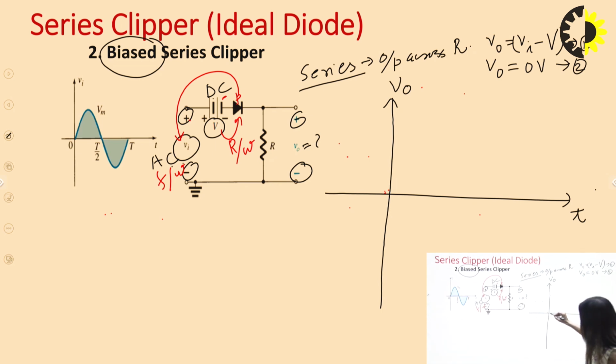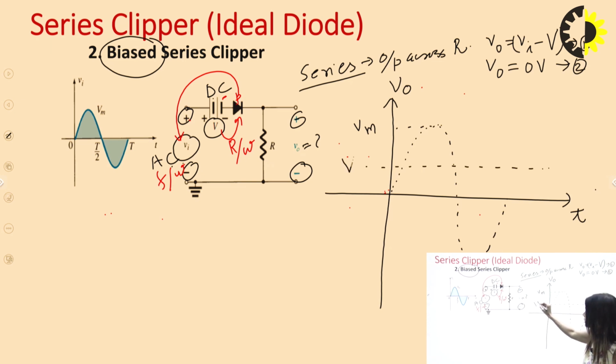The method is, first of all, I would like to trace the input waveform. This is Vm. I will also mention my point V. So first the output voltage is Vi minus V.